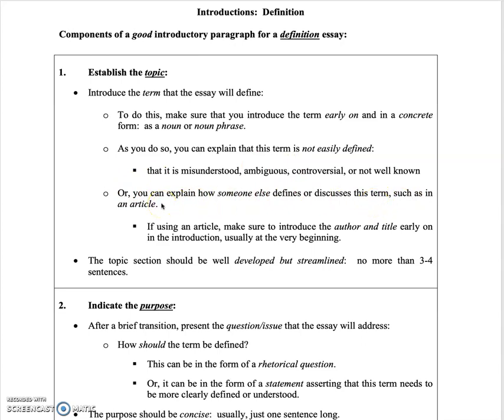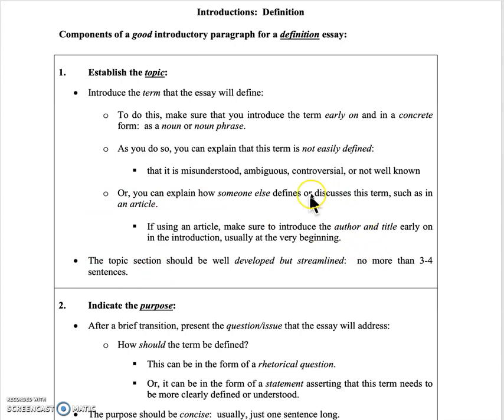And this would be a great place to use an article from our reader, to quote from that and show how that article discusses or defines the term. If you do that, your opening sentence should introduce the author and the title of the article, and then provide a little quote from the article that shows how that article defines or discusses the term.